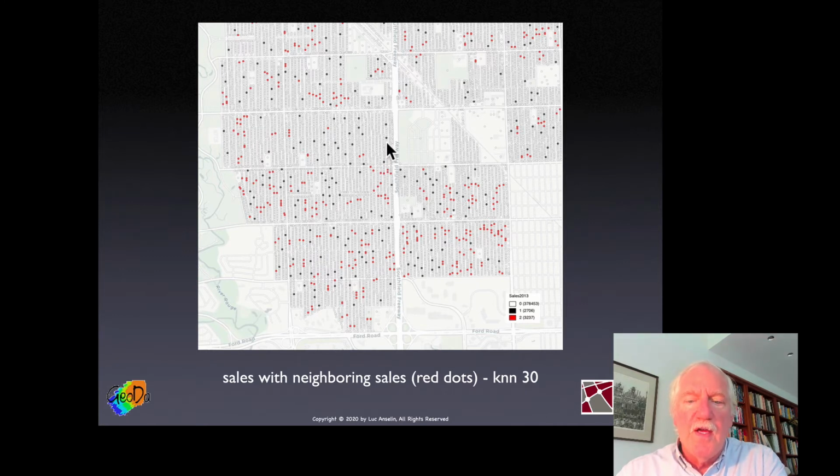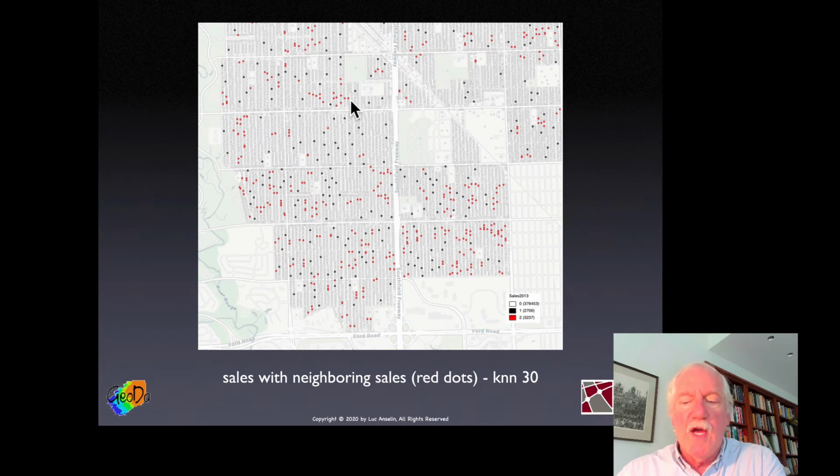So here, for example, we have 2 sales or more sales that have nothing going on in the surroundings, whereas, say, here, this bunch of red dots, they all have sales in their surroundings.